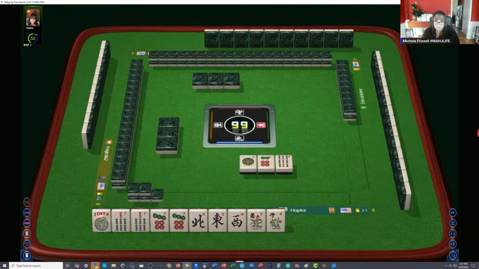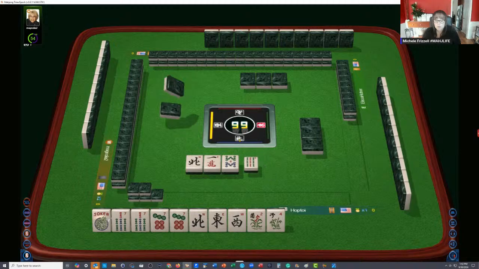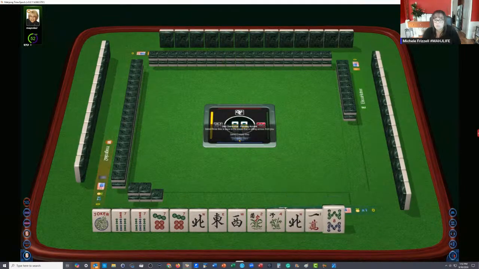Looking good. It'd be nice to get one of these 7s and then a south. We got a north. I would not be distracted by that.